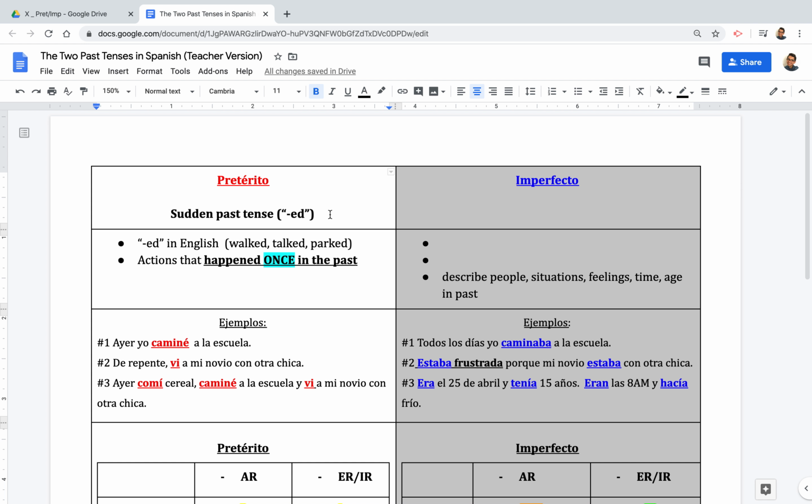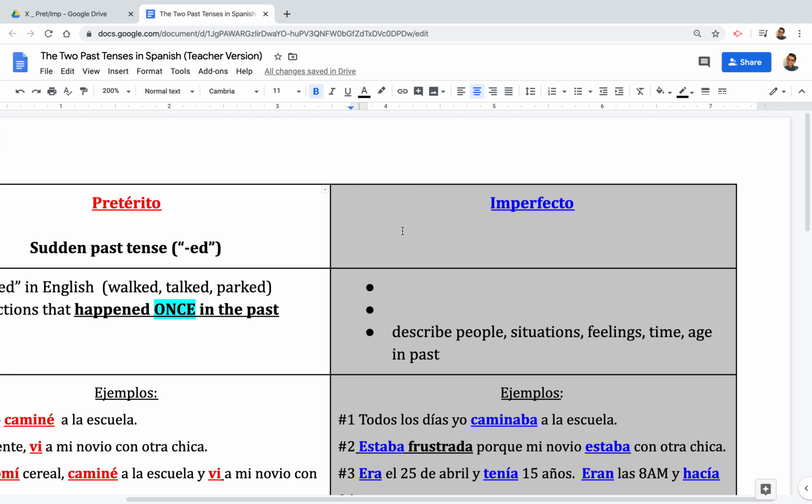Now we are ready to move on to the second past tense in Spanish, and that is the imperfecto, or the descriptive past tense.